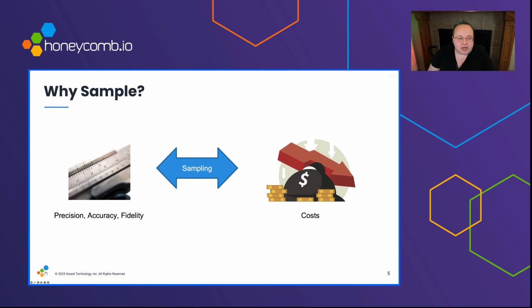All of that provides value, and when you do analysis on that data, you know that it is accurate. Your perspective and scope of view have high fidelity and precision, but it's also expensive. So that's where we introduce sampling into the mix, and this is true for most data analysis.